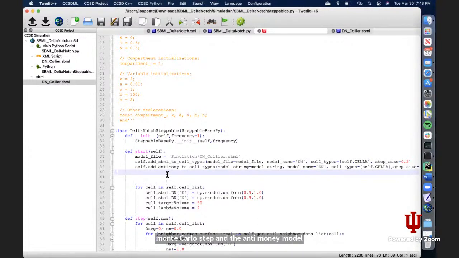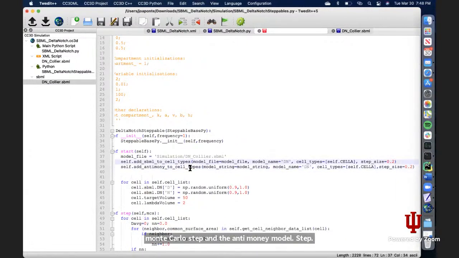Okay, and what I want you to see here is that these two, line 38 and 39, are equivalent. They are doing the same thing, except that one is doing it by loading it from the SBML model, and line 39 is doing it by loading it from the Antimony string. Okay. There is an important question as to how we go from one to the other, and what are the advantages?